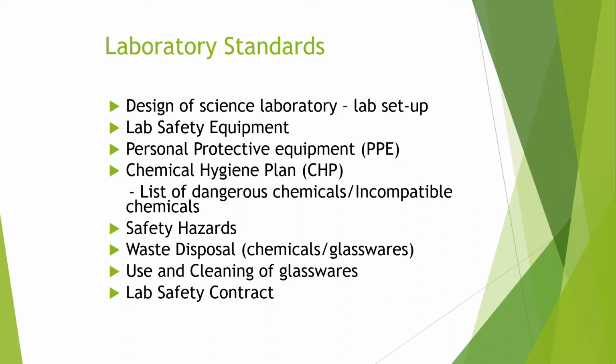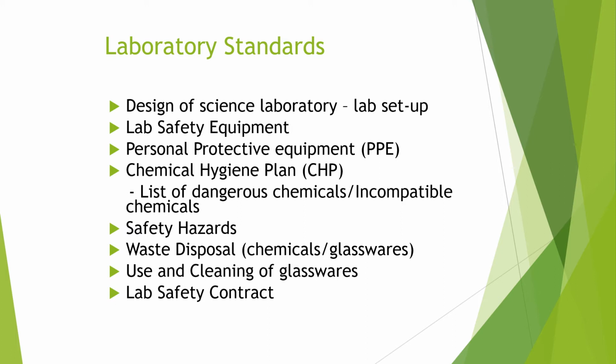What are these lab safety equipment? These are the fire extinguisher, fire blanket. You also have your first aid cabinet, a pail of sand, which is very important in case of chemical spills. And you may also ask for an installation of emergency eye wash and shower.